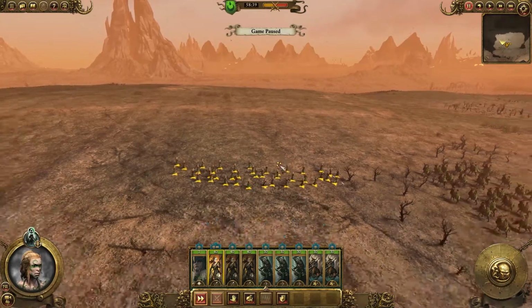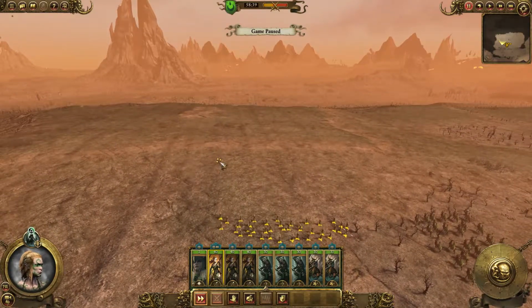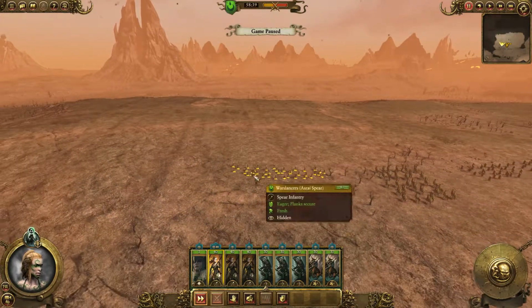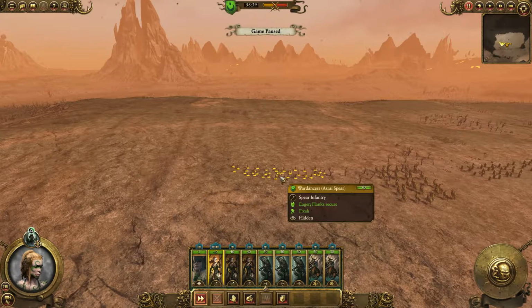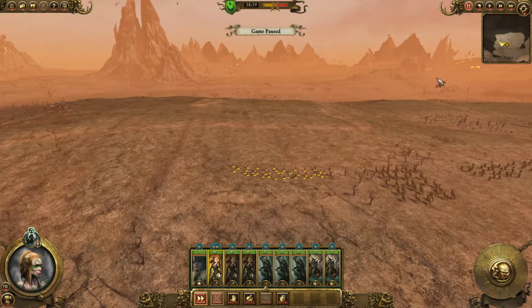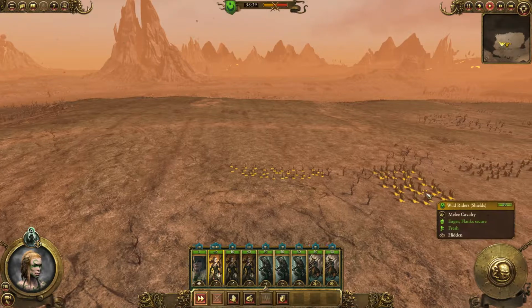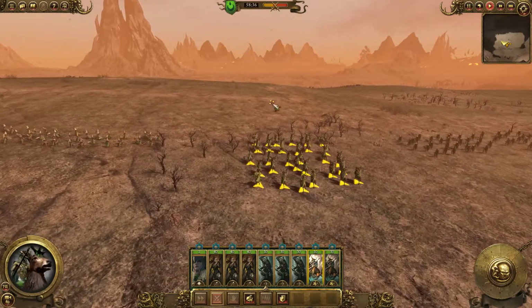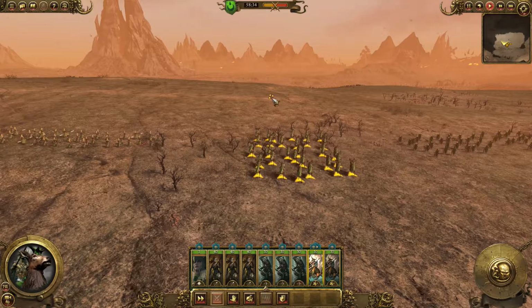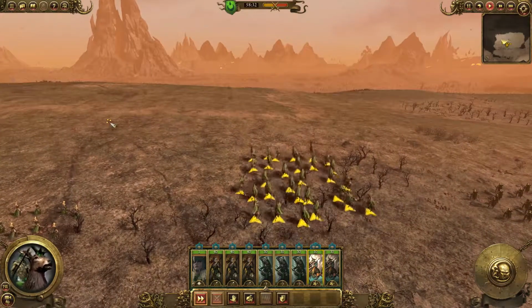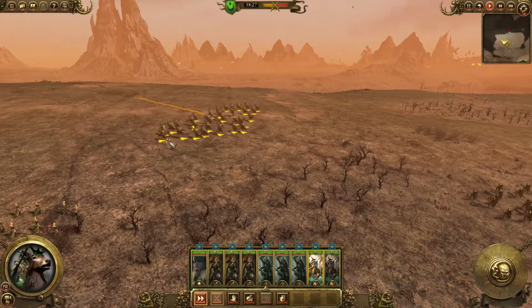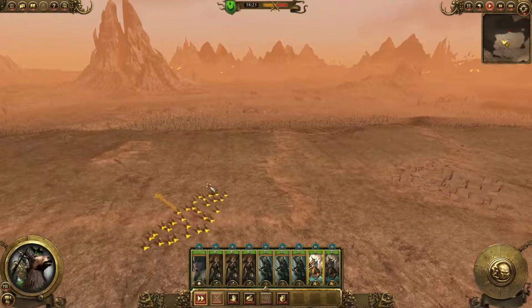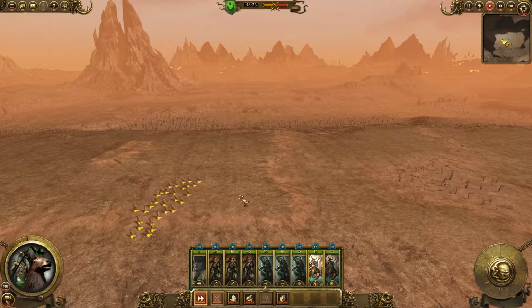I know that fans of the series have perennial complaints about pathfinding and about AI and different issues in the AI, but just in terms of how they move around, I think it's pretty amazing. And then reposition them, and again, it's just really smooth how they get into their positions.